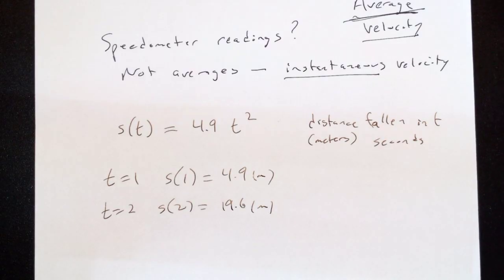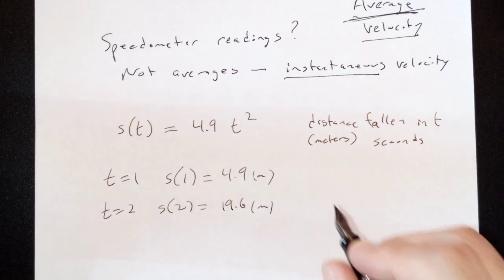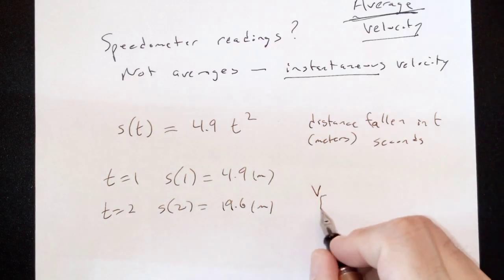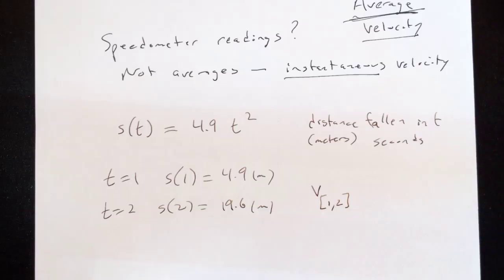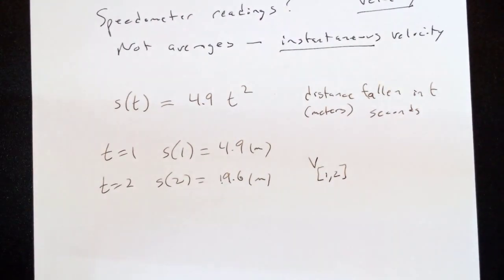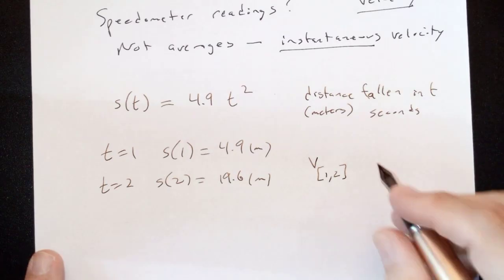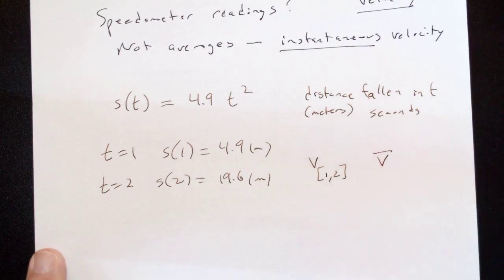That means between times 1 and 2, the velocity from time 1 to time 2. Hey, look, it's an interval. I'm going to take an average over that interval. I'll write that interval as a subscript so I can keep track of it. Some people will write the average with a bar over it, like we have x bar for mean in statistics, that bar meaning average.